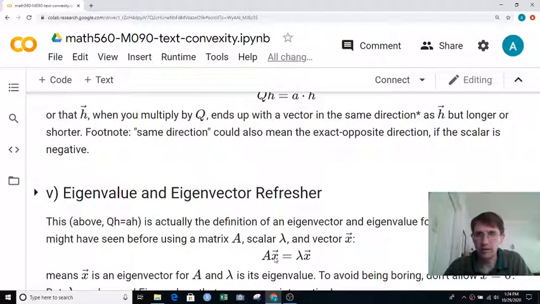If x is an eigenvector of a square matrix A, and lambda is the eigenvalue associated with that eigenvector, that by definition means that when you multiply the vector by A, you get back the same vector, just longer or shorter, and possibly negatively longer or shorter. And if x was 0, then this would just always be true, and so that's boring, so we don't allow x to be 0 here.